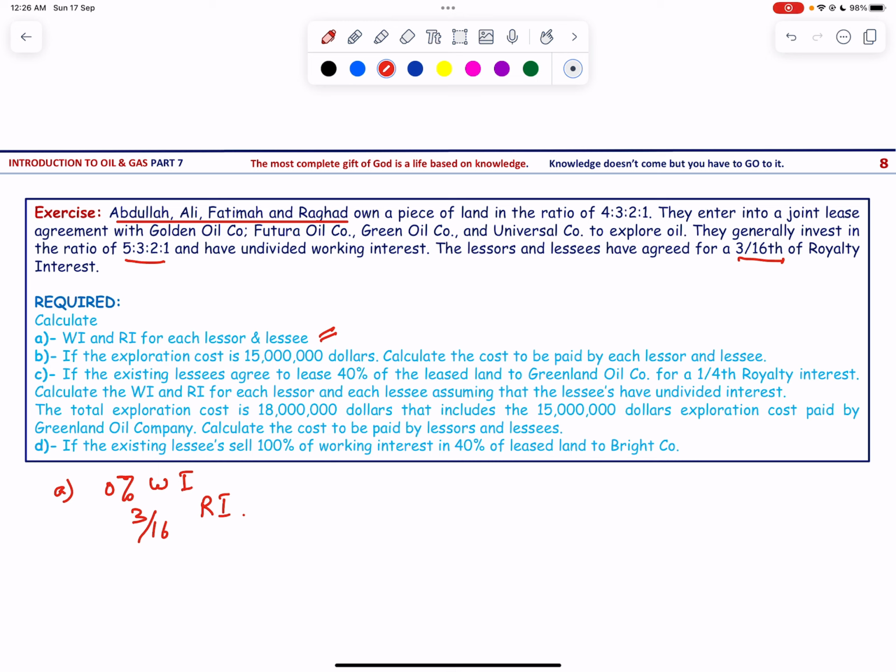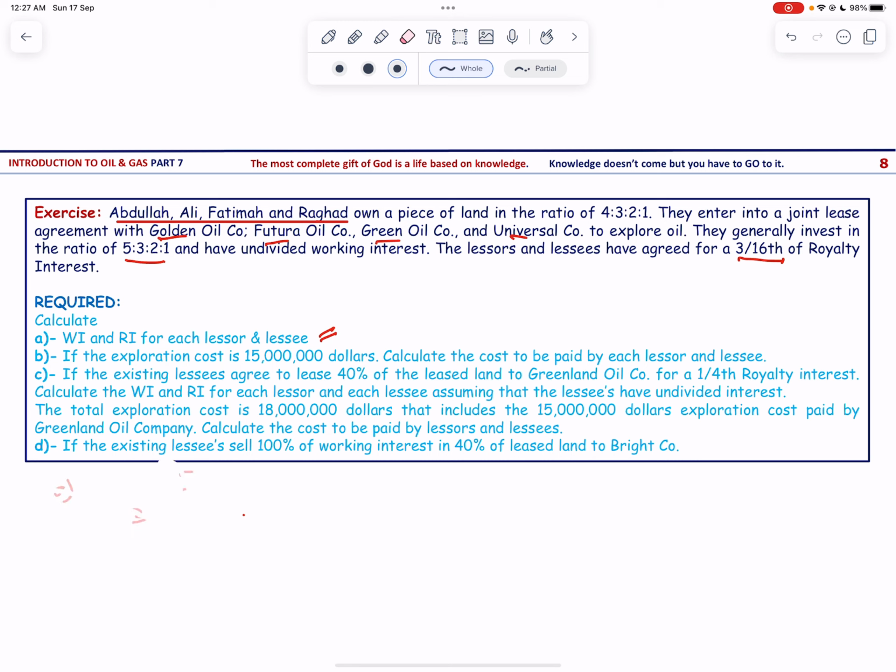After the lease, the lessees, that is Golden, Futura, Green and Universal Company, will have 100% working interest, and the lessees are not eligible for royalty interest. Okay.